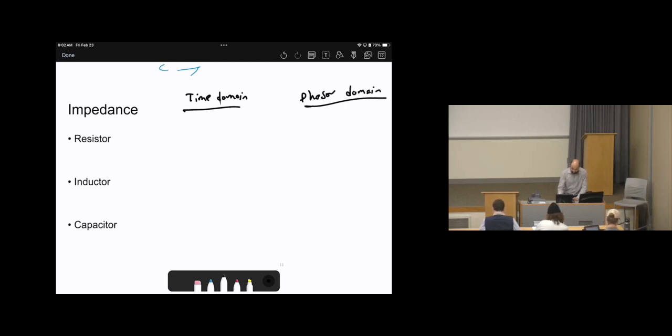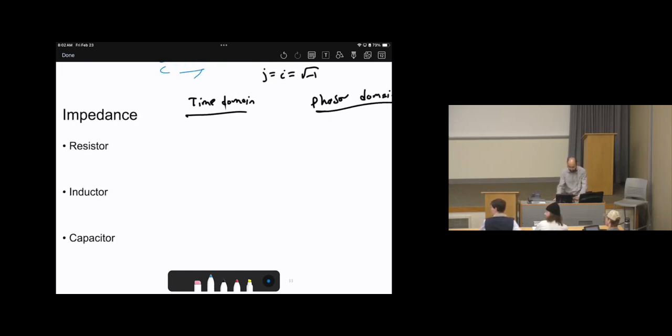And recall from the complex numbers, j, which is the same as i, the same as square root of -1. Since we are in an electrical engineering course, we will use simple j, not i. But whenever you do it in the calculator, you need to insert it as i, not as j. Then, let's see how we can convert every element to phasor and time domain.